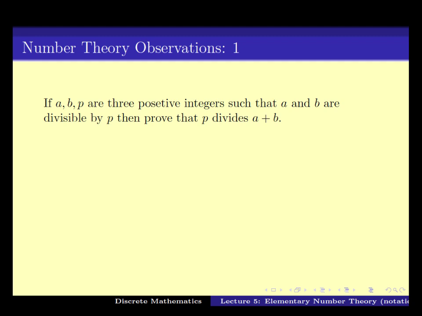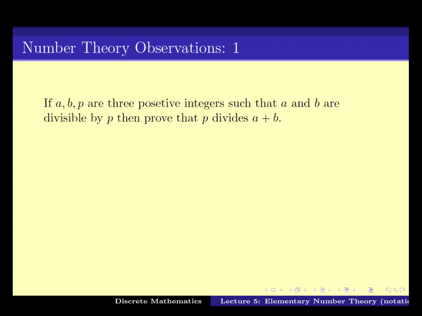Now, in this video, I have made a few observations. These are pretty standard observations in number theory, but for completeness I have written them down explicitly and we will be going over them one by one. Here is the first one.